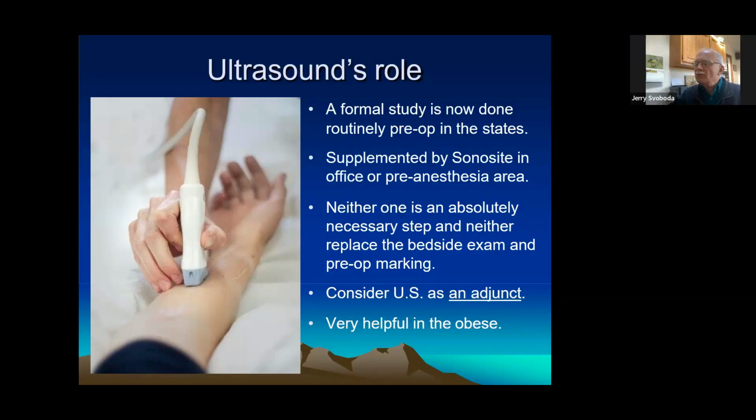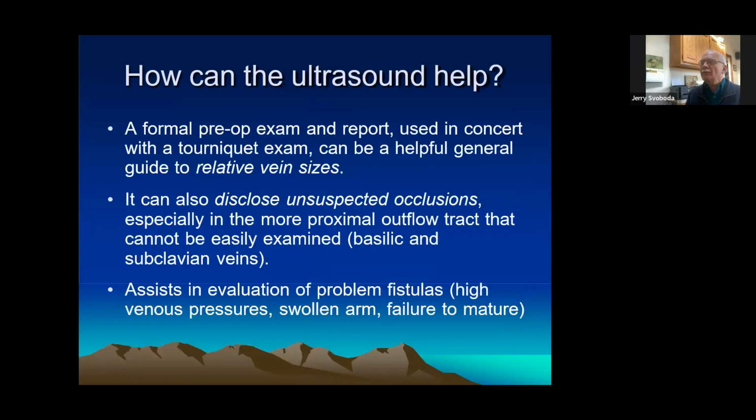The ultrasound becomes more and more helpful and essential, really, in the obese patient. With no ultrasound in an obese patient, you fall back on the surgical exploration to see if the veins are suitable. The ultrasound can be used to disclose unsuspected occlusions.